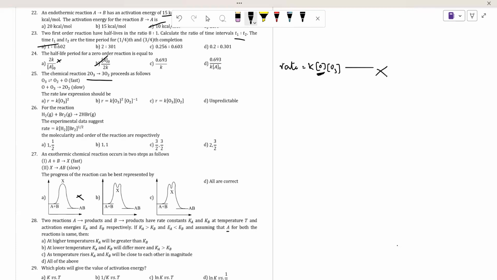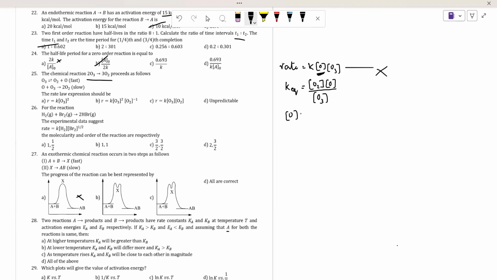So what are we supposed to do? We need to determine what would be the concentration of atomic oxygen. That can be determined based on the fast step. So how do we handle the fast equilibrium step? We will determine KEQ. When you are determining KEQ, according to the law of mass action, you will be writing concentration of the products, oxygen, divided by ozone, that is concentration of the reactant. Now we need to determine it in terms of oxygen.